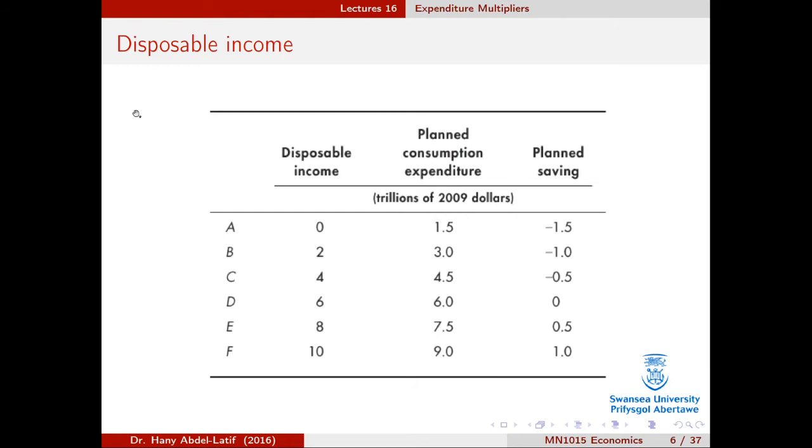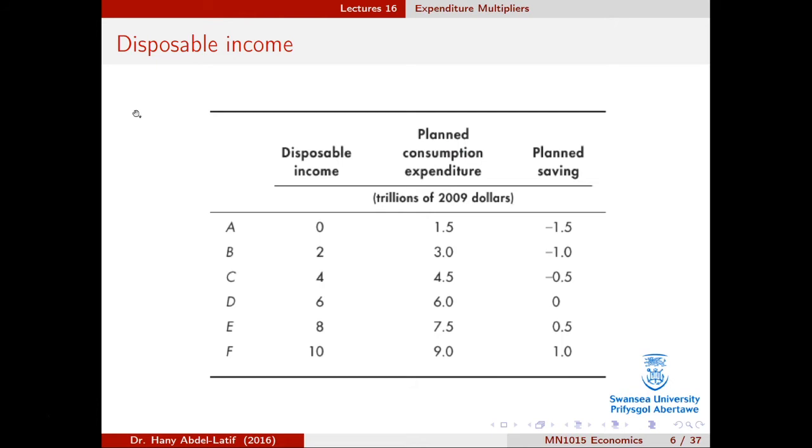Even at the individual level, can you consume nothing even if you have no money in your pocket? It's not something we would expect, because you need to survive. You need to eat, you need to drink. So it's the same for the whole economy.